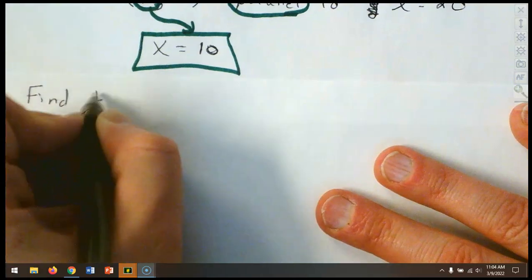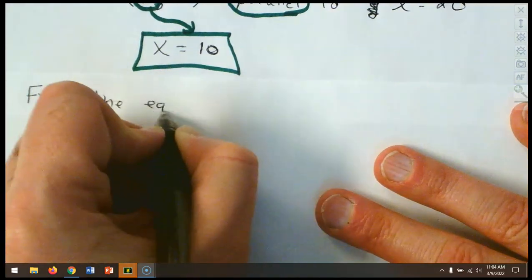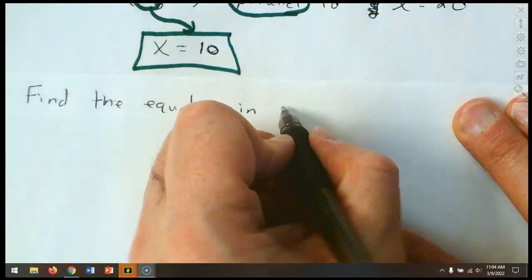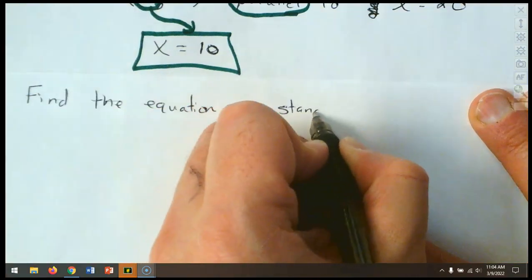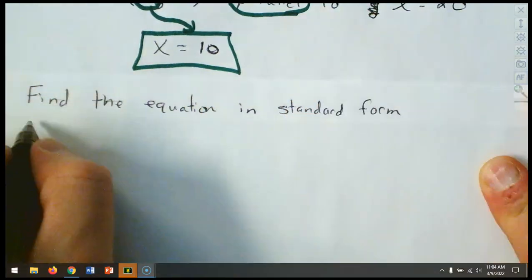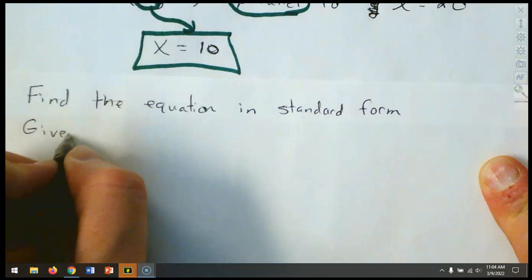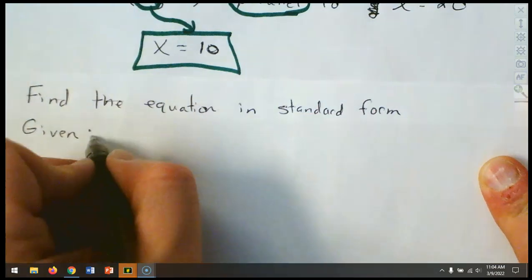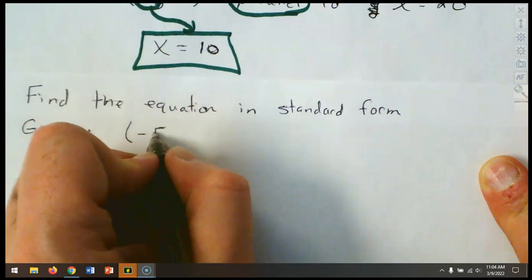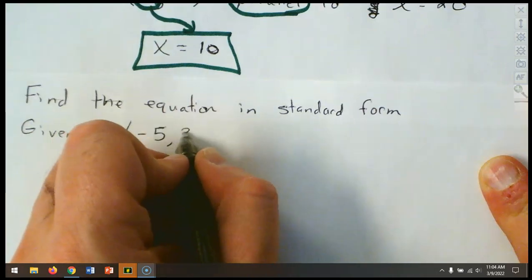Let's find the equation in standard form. And let's see, you're given this point (-5, 3).